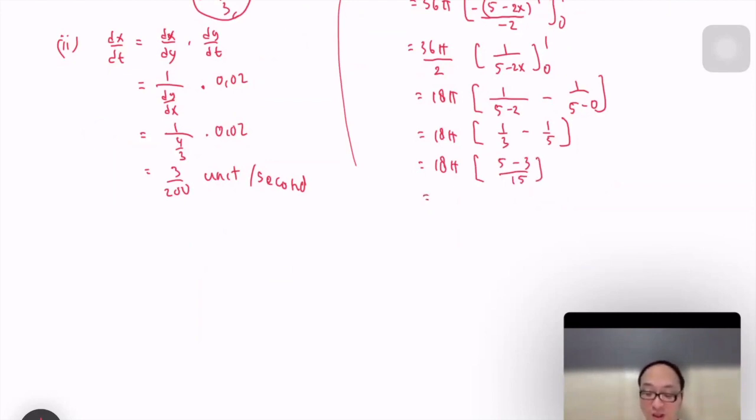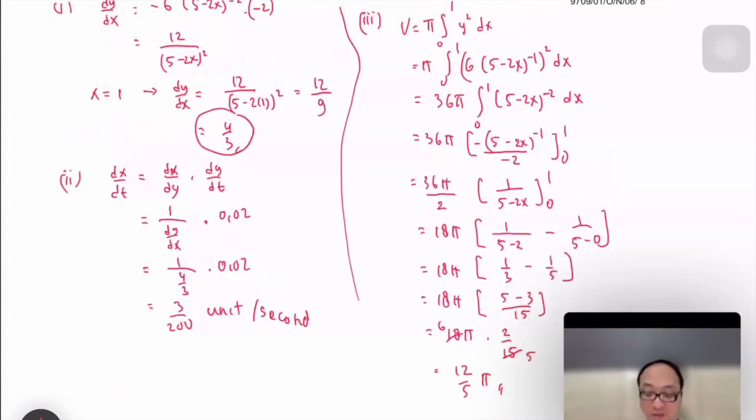So it's 18 pi times 2/15, divided by 3 will be 5 and 6, so equals 12/5 pi. And it is shown.